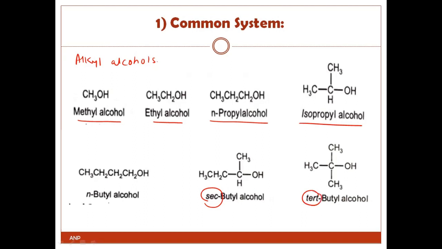So n-butyl alcohol, normal chain, then secondary butyl alcohol, because this is the secondary carbon atom attached to two different alkyl groups, and tertiary butyl alcohol, because here OH is attached to the tertiary carbon atom. Why is this called tertiary? Because this carbon atom has three alkyl groups. So tertiary carbon atom, and the name of this compound is tertiary butyl alcohol.